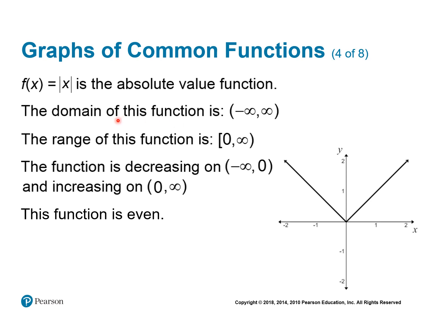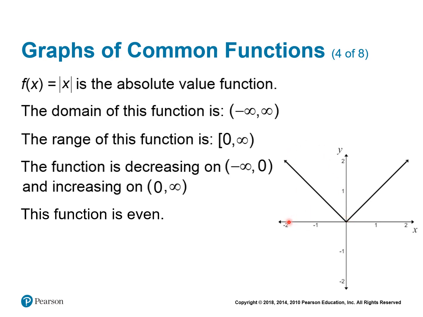Now the domain of this function is negative infinity to infinity. So you can input any x value starting from negative infinity all the way to positive infinity. Your y value is always going to be positive. All right.